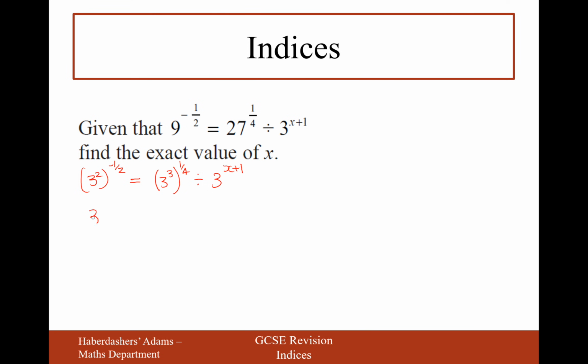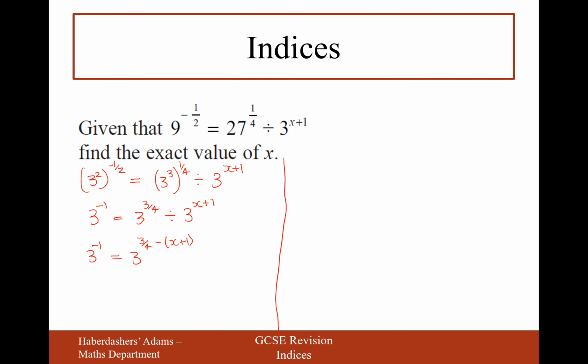So it's going to be 3 to the -1 and 3 to the 3/4 divided by 3 to the x plus 1. Let's now group together the indices on the right hand side. So it's going to be 3/4 minus, because you minus indices when you divide, minus x plus 1.